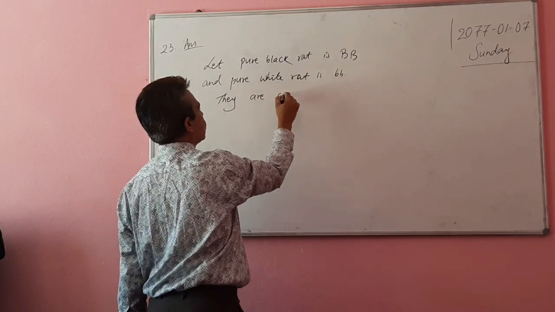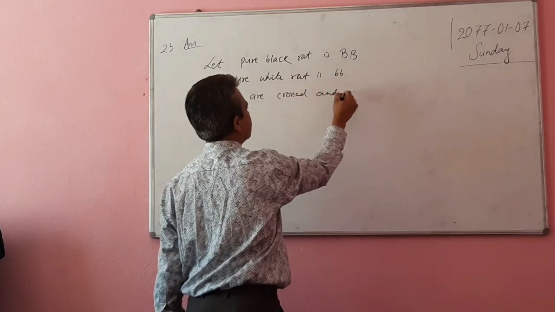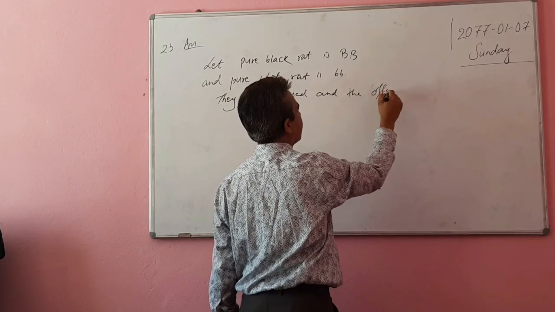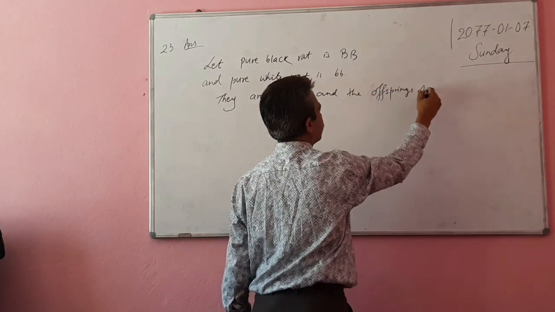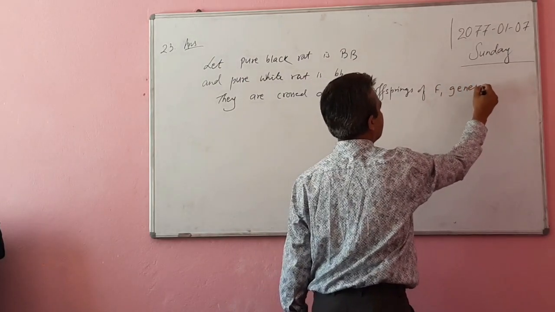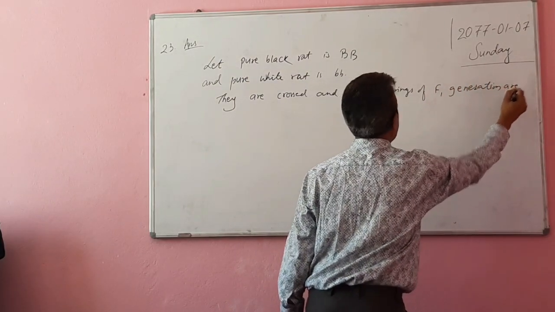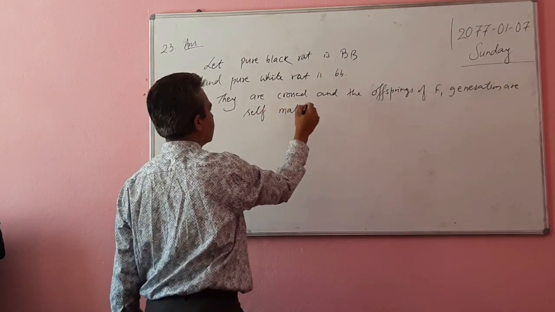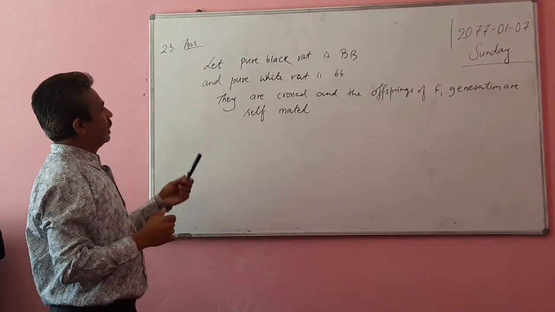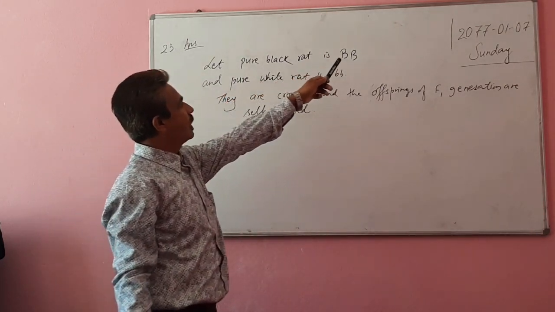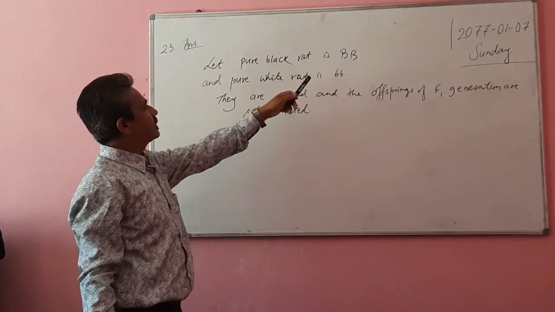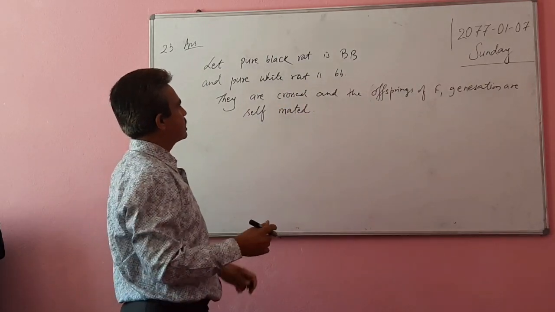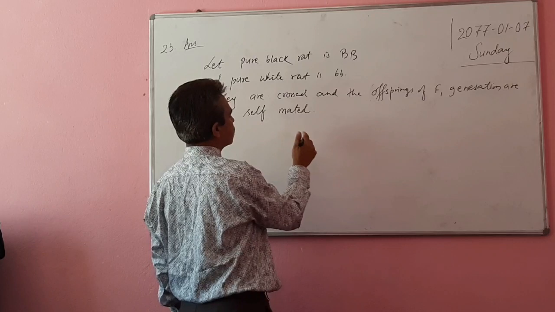They are crossed and the offspring of the F1 generation are self-mated, not pollinated here. Self-mated. Pure black, capital B, pure white, small b, at first they are crossed and the offspring of the F1 generation are self-mated. How do we get the chart?